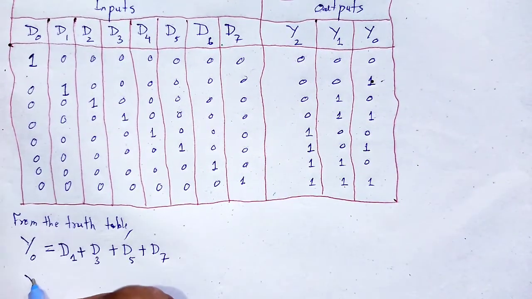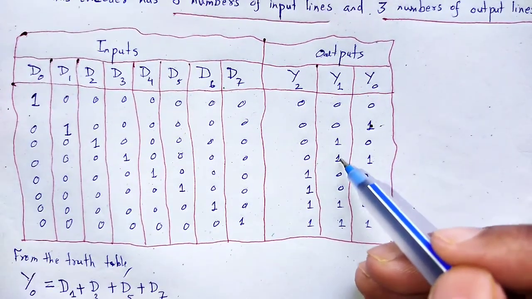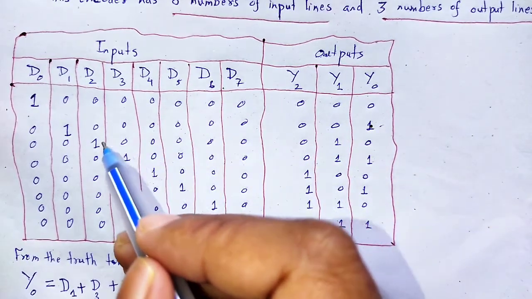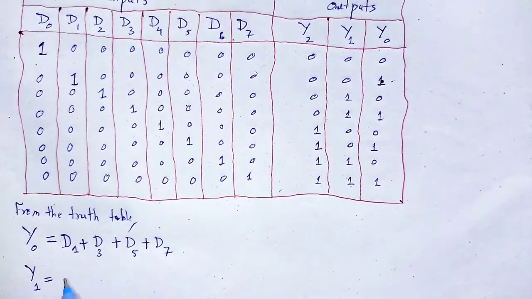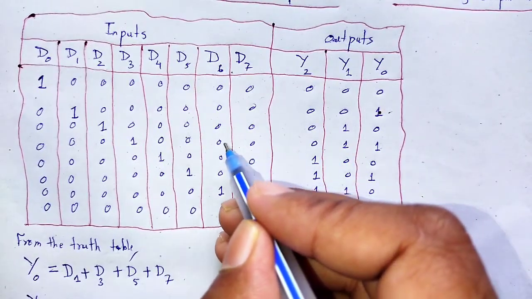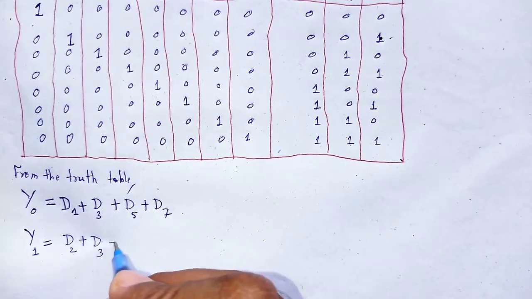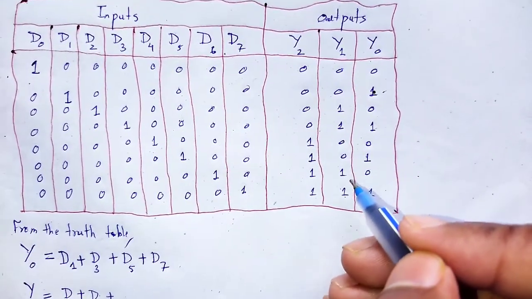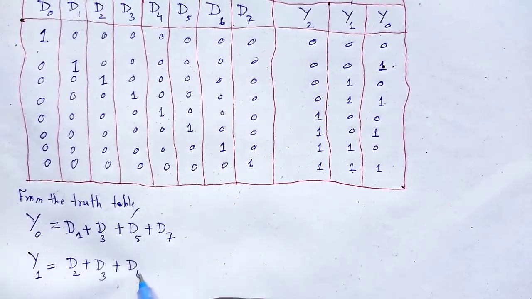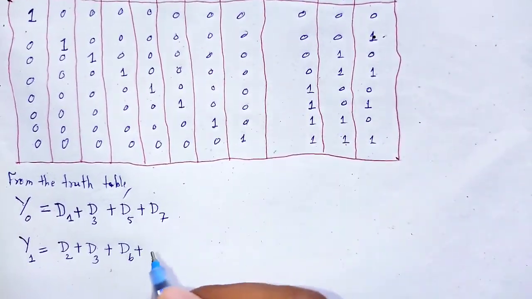Another output is y1. For y1, the inputs with value 1 are D2 plus D3 plus D6 plus D7.